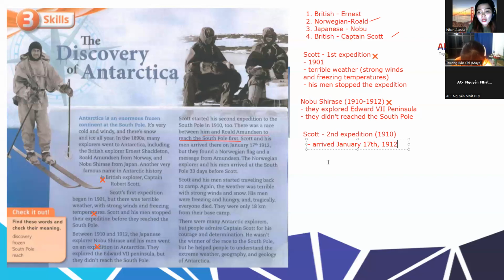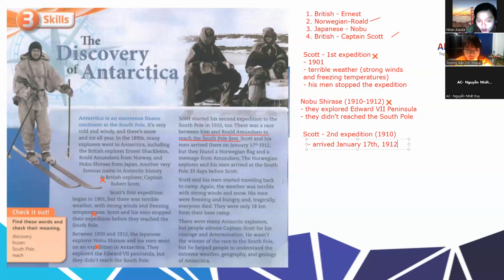So Scott, on his second expedition, successfully finished his expedition, meaning he was able to get there. He was on top of the South Pole. But the sad news, he lost the game.